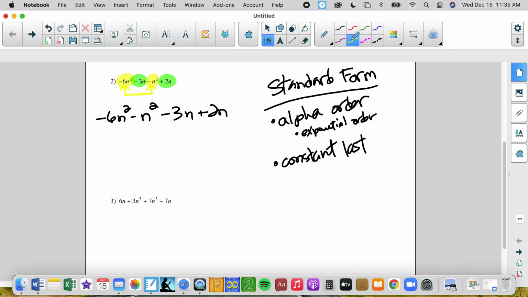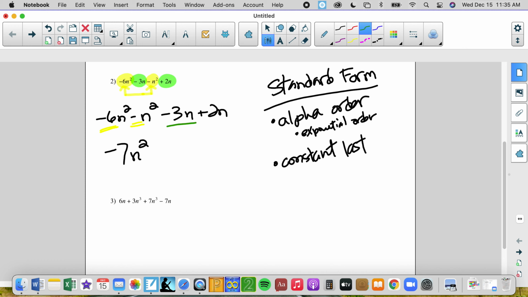So we're going to look at the coefficients. -6 and -1 makes -7n squared.